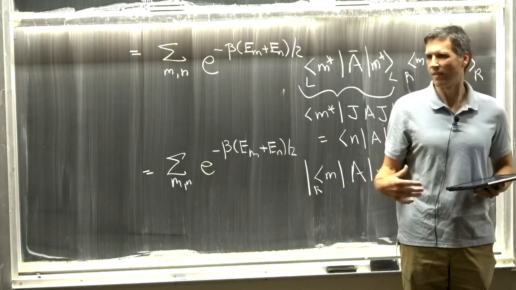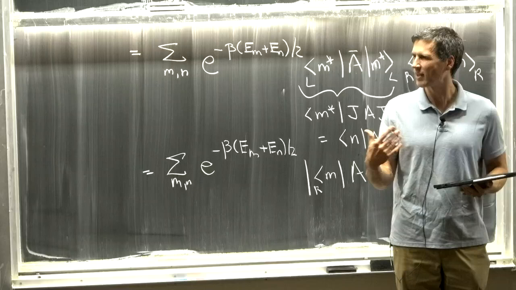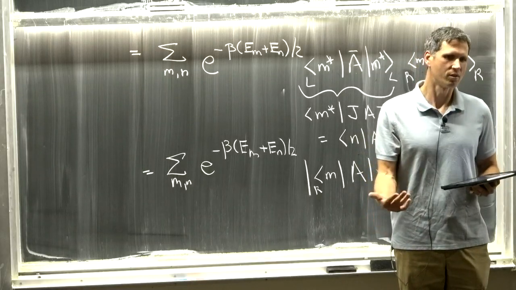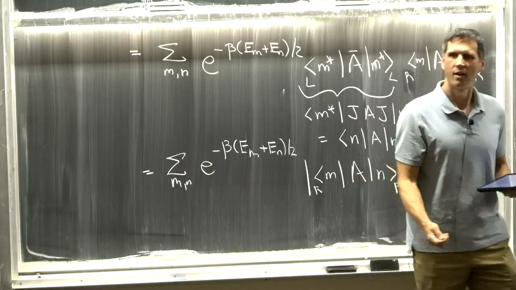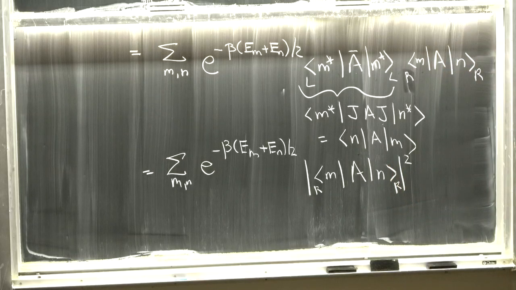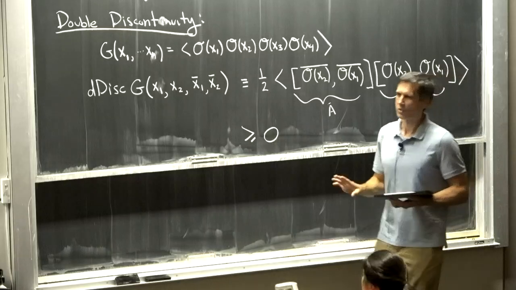So that gives you some rules in dispersion relations in terms of something that's positive. The situation for position space correlators is similar, with the d-disc playing the role of the imaginary part of the forward amplitude in a scattering amplitude.